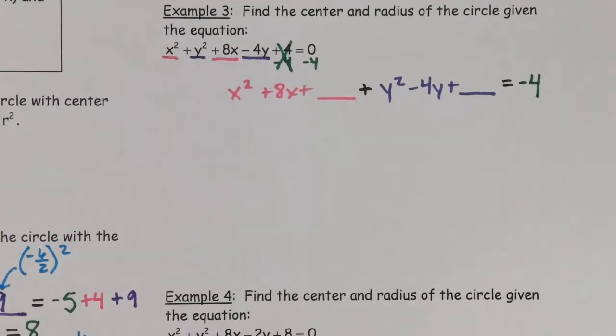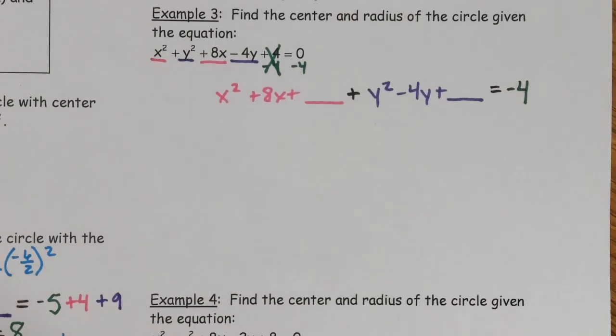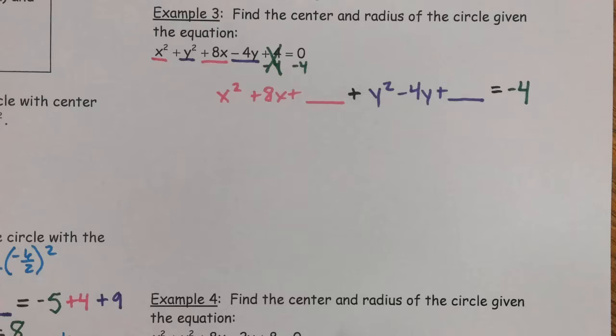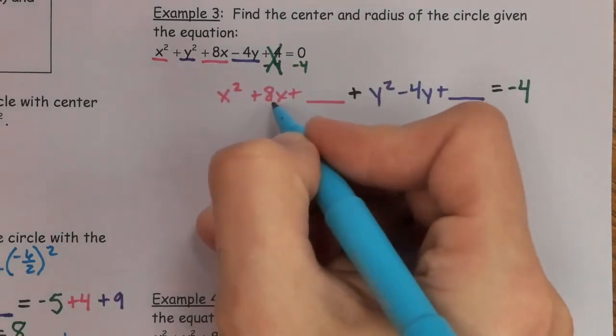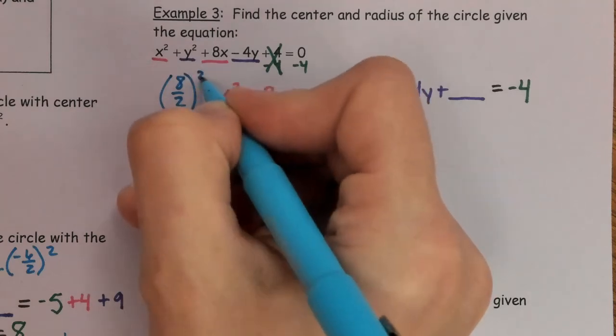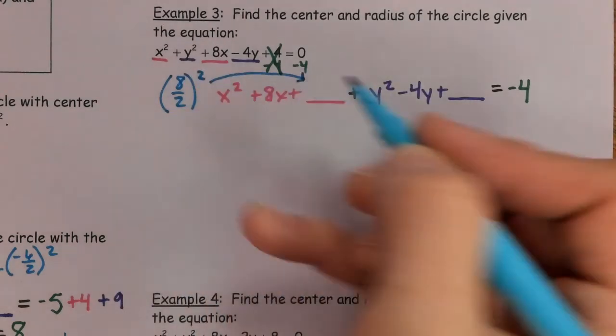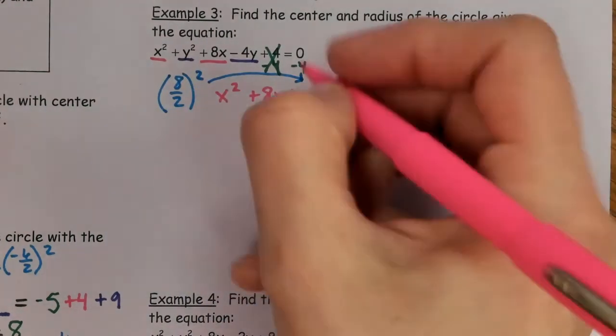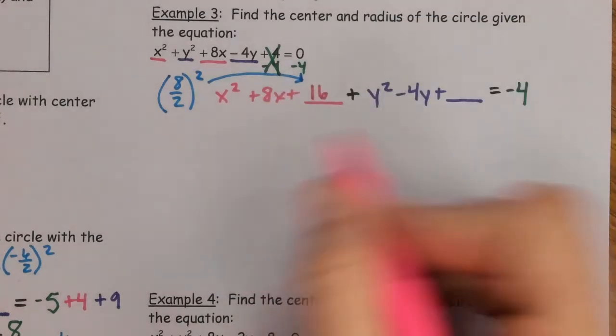Okay. So we will use our formula of C equals B divided by 2 all squared to figure out what's going to go in these blanks here. So here B is 8, so I've got 8 over 2 squared. That will lead us over here to give us 16. I'm unbalanced.